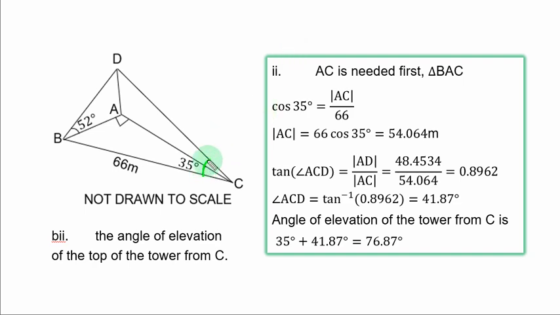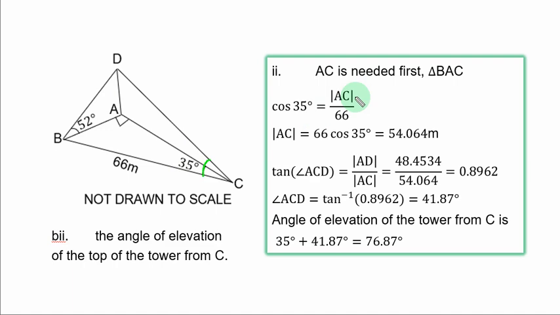So part of it is 35 degrees. So we need angle ACD to add to 35. Now to get angle ACD, we need to get AC, because we already know AD, the height. If we get AC, we can get the other angle. So AC is needed first.